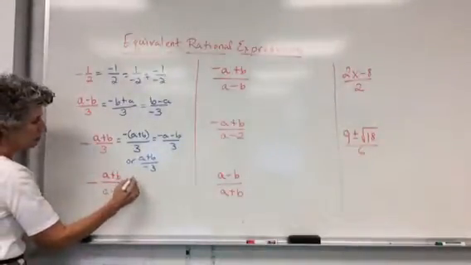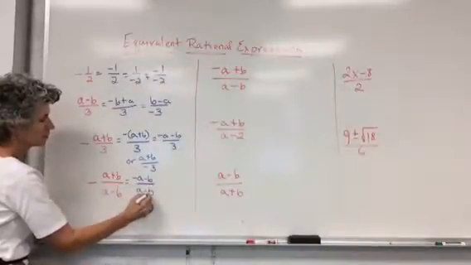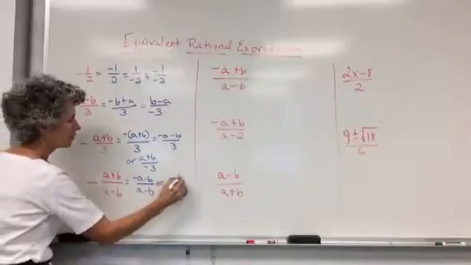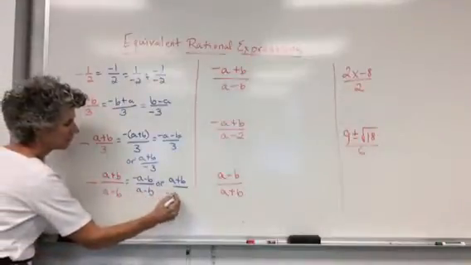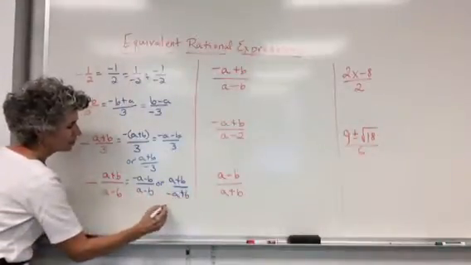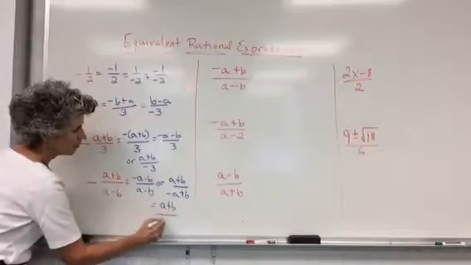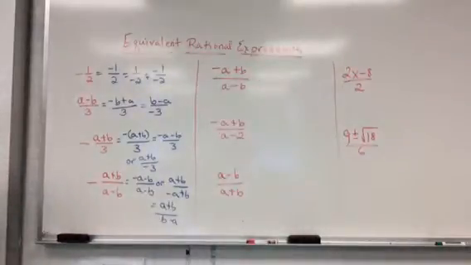We could put it in the numerator, and we'd have negative a minus b over a minus b. Or we could leave that a plus b and put the negative in the denominator. So it would be a negative a and a positive b, which you also would see written as a plus b over b minus a. Nothing you can cancel in that one.